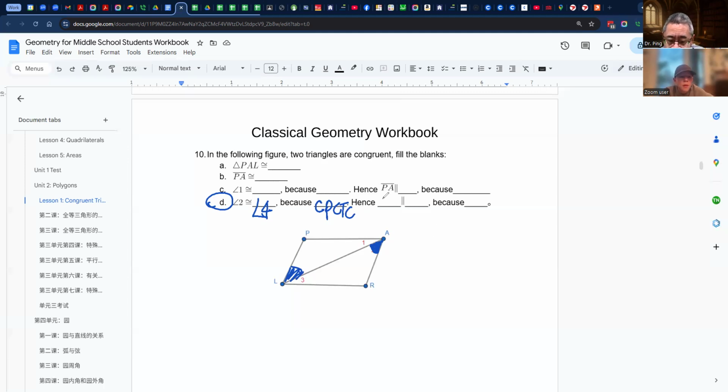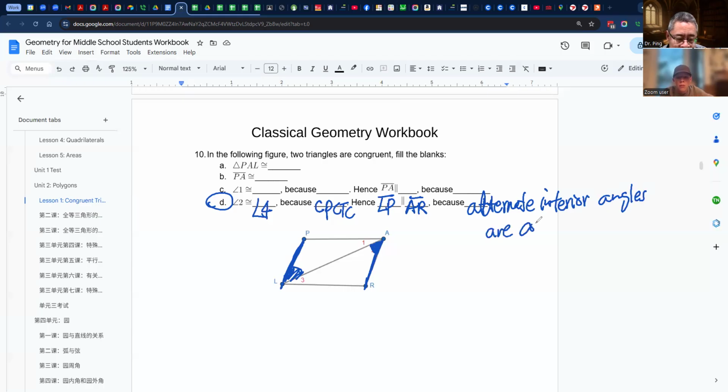Therefore, we know LP, this line, is parallel to this line, which is AR. And that's because, of course, alternate interior angles are congruent. Good.